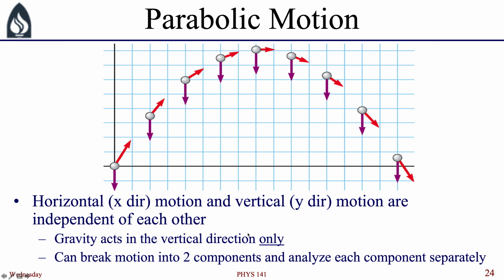So since gravity acts in the vertical direction only, that means you can treat the motion in the x direction as constant velocity motion and the motion in the y direction as free fall. So this makes it very easy to break the motion into x and y components and analyze each component separately.